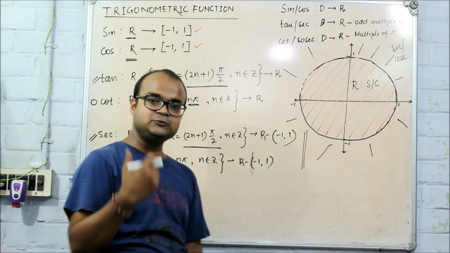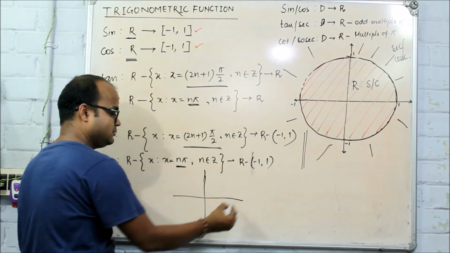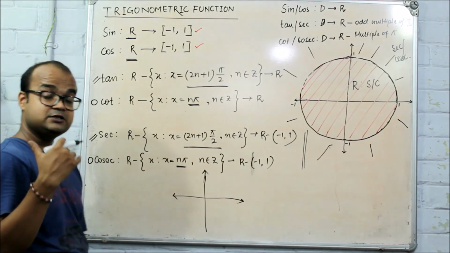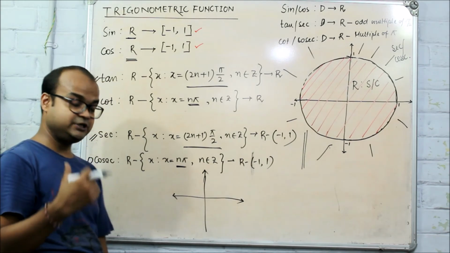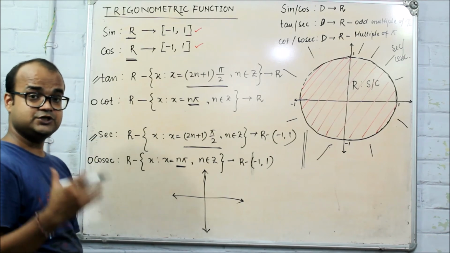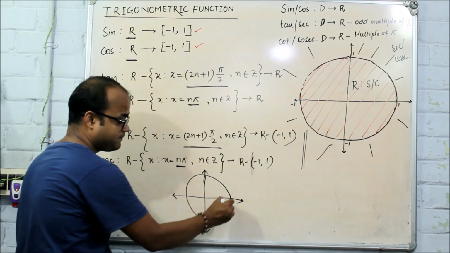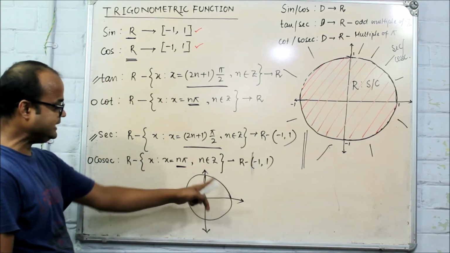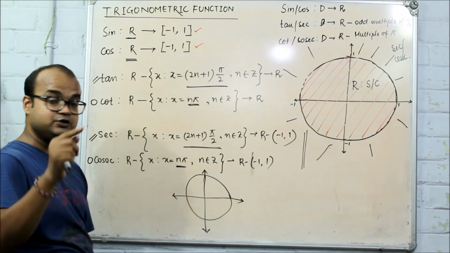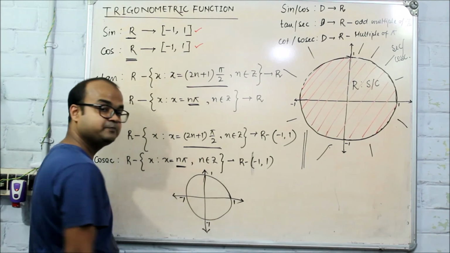So if I recap the concept, especially in competitive examinations, if you are eyeing for this, all this information should be remembered very clearly. Inside, it is a unit circle, that means 1, -1, 1 and -1.